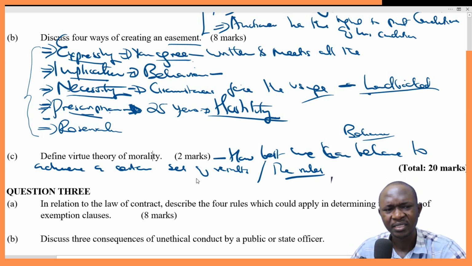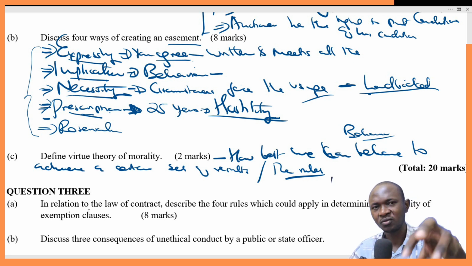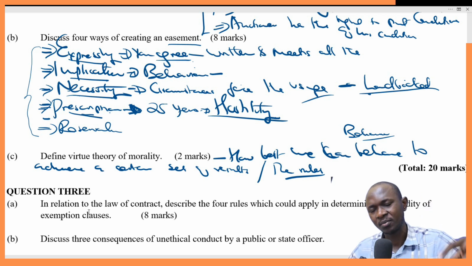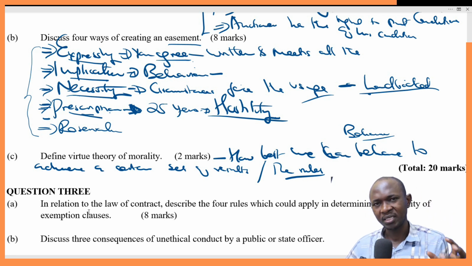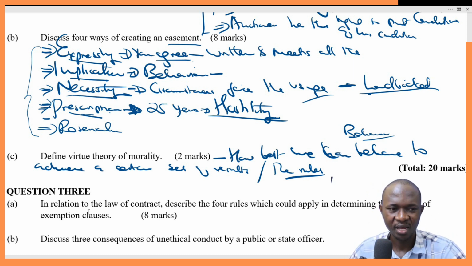Integrity, straightforwardness, transparency, those are virtues, but they should be depicted in our behavior, as opposed to just being in the rules. It's one thing to have the virtues in rules and another to practice them. So the virtue theory is about practicing the behavior that will help us attain the level that we really would have wished to attain.